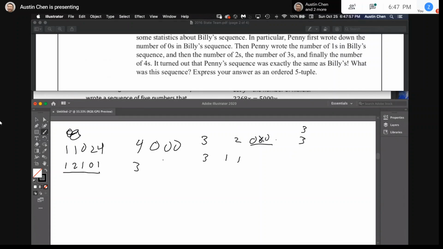And you have one two, so you're going to have a one in here, but you don't have any ones, so that's impossible. Then for three, two ones, and two zeros, you have two zeros and two ones, so there have to be twos, but you have no twos in this sequence, so that's impossible as well. That's all you can have with threes, so you can't have threes either.